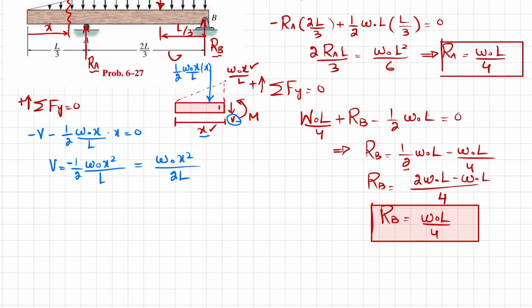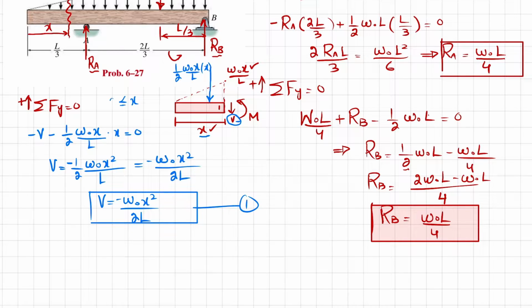I will write it over here again so that V is equal to minus W naught X square over 2L. Let this be our equation number 1, and this is valid for X greater than or equal to 0 and less than or equal to L by 3.